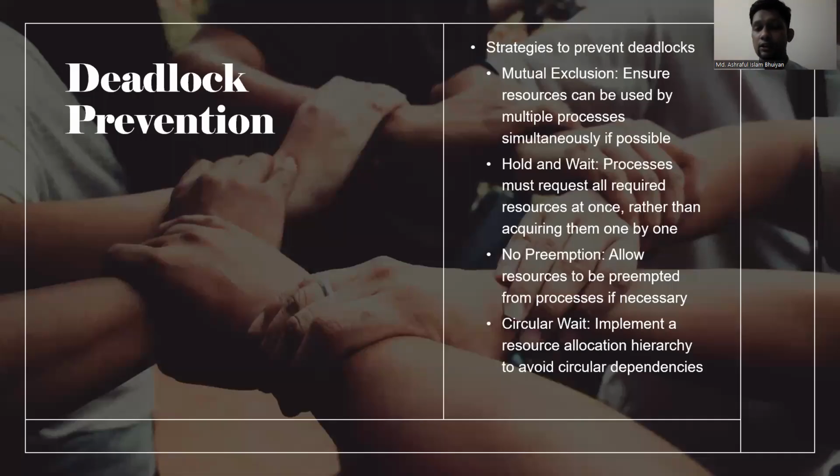And then deadlock prevention. Deadlock prevention is the most important part of deadlock. Strategies to prevent deadlock. There are many kinds of strategies to prevent deadlock. First of all, mutual exclusion, hold and wait, no preemption, and circular wait.